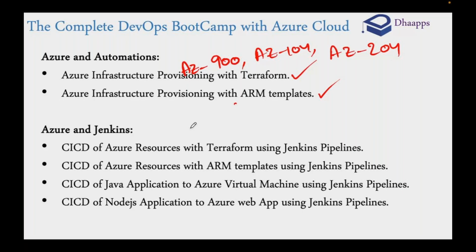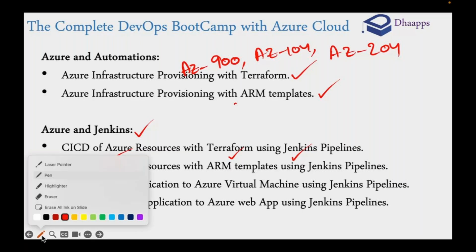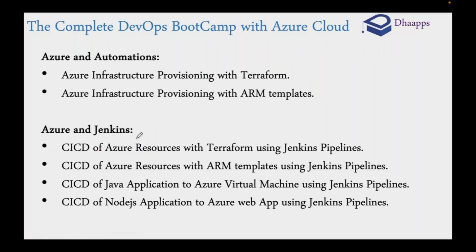Here we will automate Azure resource deployment using CI/CD pipelines. If you can see, we will use Azure, Terraform, and Jenkins to create an automation pipeline. In the same way, we will use ARM templates to make this deployment.